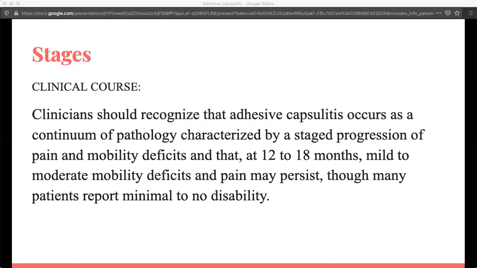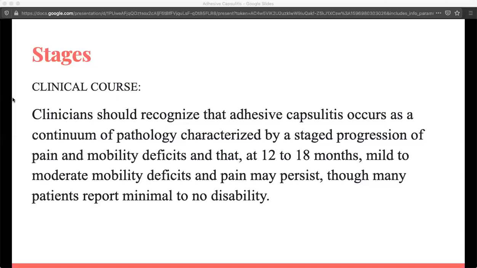It's not something that will go away in 2 weeks or 2 months or 3 months, like your rotator cuff or shoulder impingement cases, right? These patients usually get better in about 3 months or so. Not so with frozen shoulder. It is a staged progression of pain and mobility deficits. It can last anywhere from 12 to 18 months. And even beyond that, mild to moderate deficits may persist, but those are very minimal and don't usually cause significant disruption to patients' daily activities.